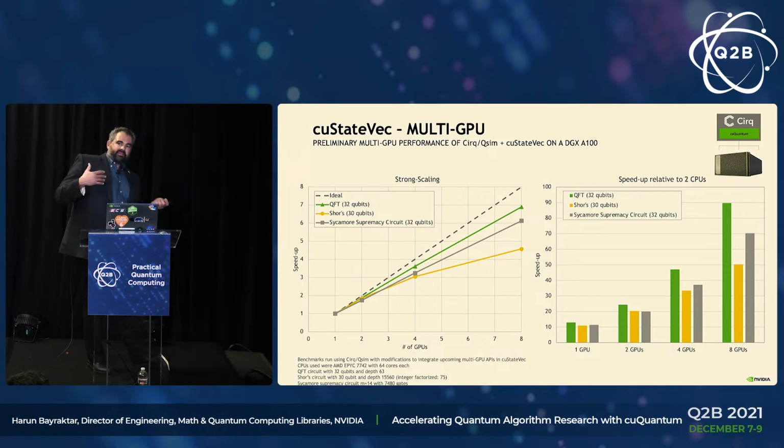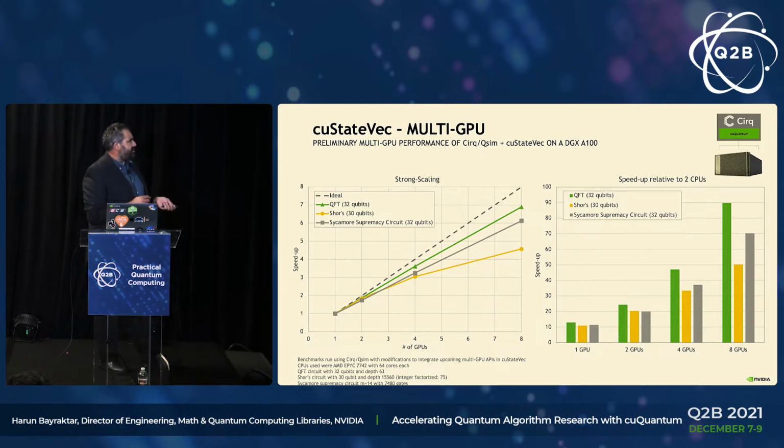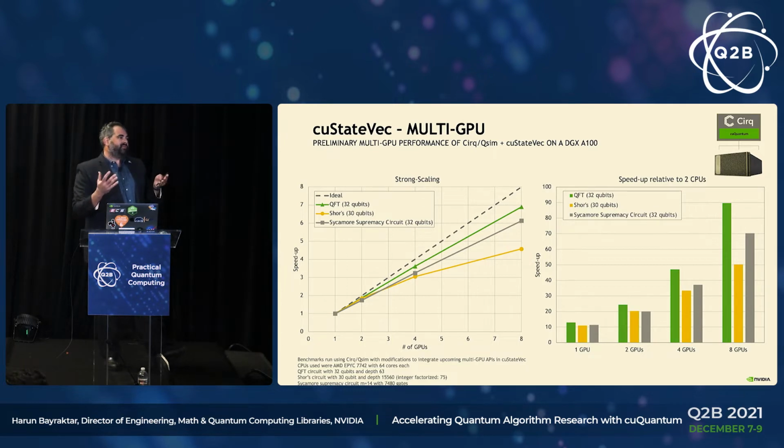If you're wondering how this compares to CPUs, we try to make it a different kind of comparison on the right-hand side chart, where the x-axis, again, is the number of GPUs and y is speedup. But this time we're comparing to a server with 2 sockets. If you were using all 128 physical cores, how would using a DGX compare to that if I was running my workflow?